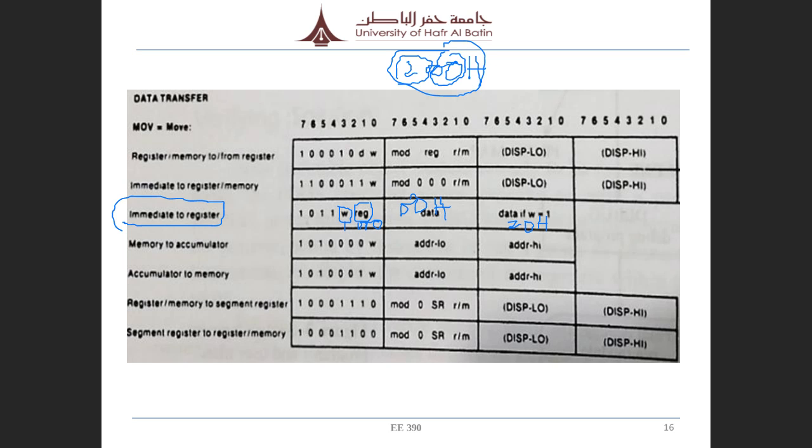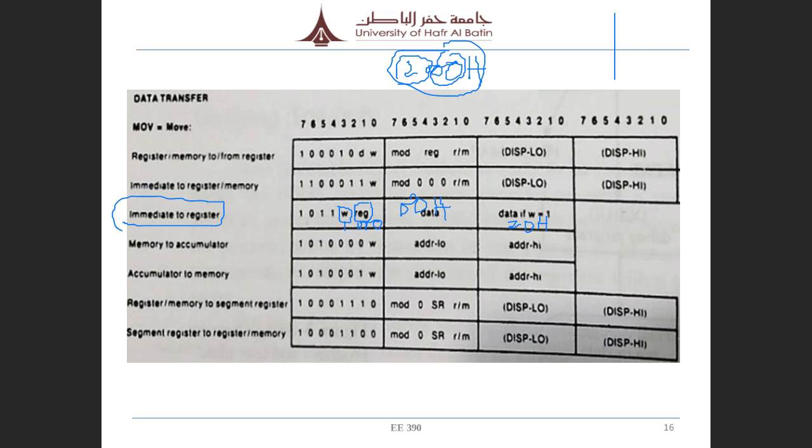Is that okay? Can you remember when we discussed the microprocessor architecture? The lower byte goes in the lower memory location, the higher byte in the higher memory location. So we start from the lower memory location to the higher memory location in a memory segment.